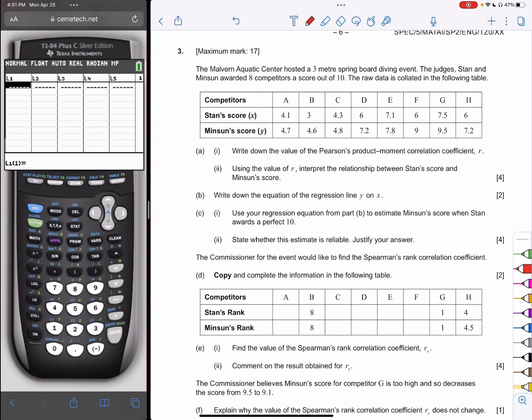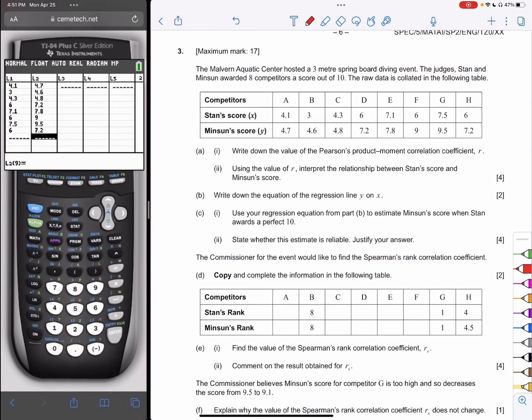We're going to put our X values in L1, making sure that you are very careful with what you're typing in, and put our Y values in L2. 7.2, 7.89, 9.5, and then 7.2.